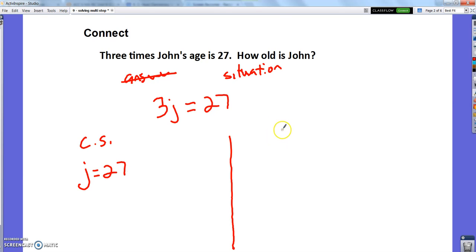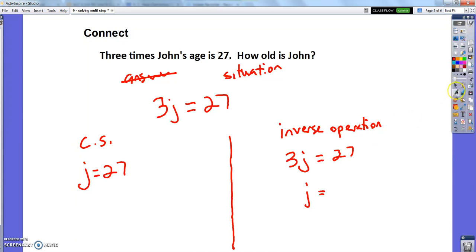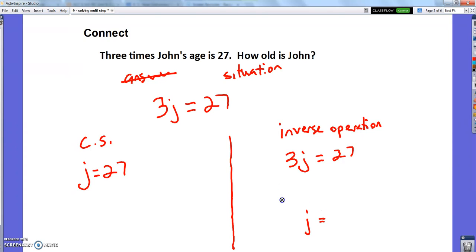And the other one was called the inverse operation strategy. And here's a reminder of how that worked. So I said, all right, 3 times John's age is 27. I want to know what J equals. So what I'm going to do is look at what happens to J in the equation and do the opposite on both sides.